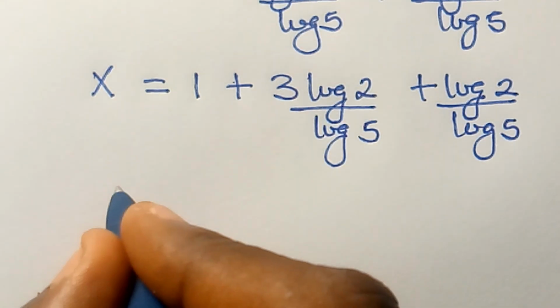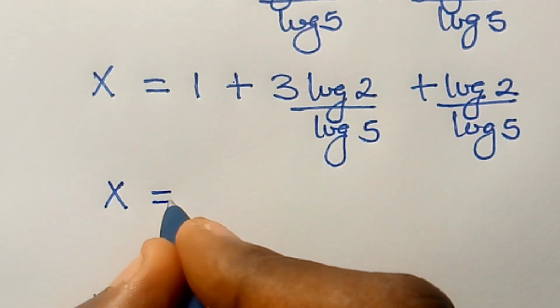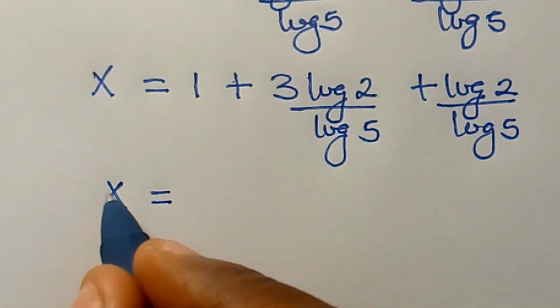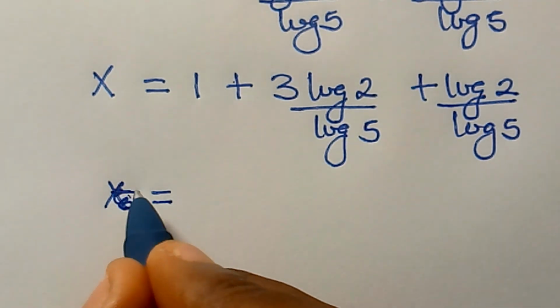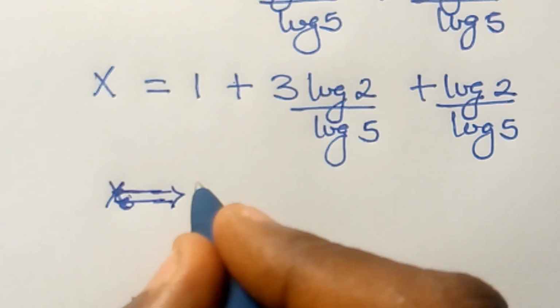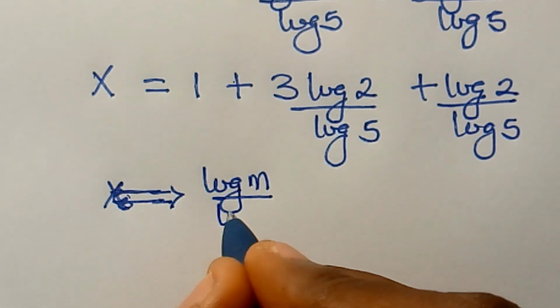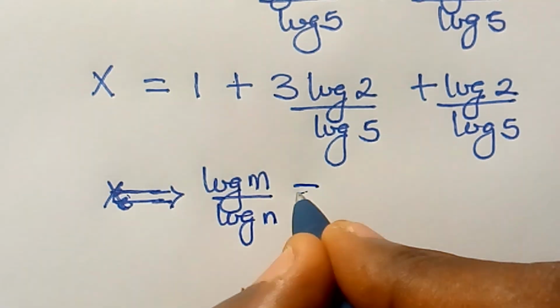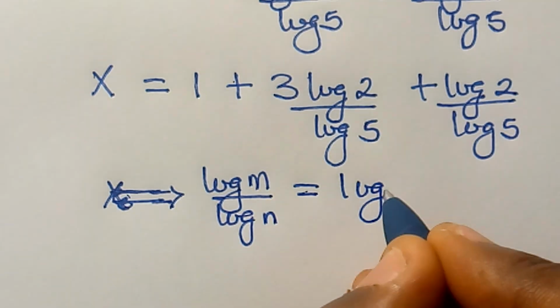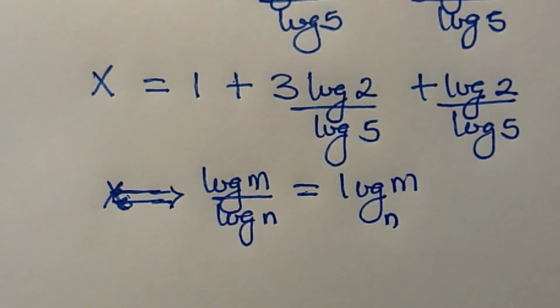From here, we should recall that if you have log m divided by log n, this equals log m in base n, right?